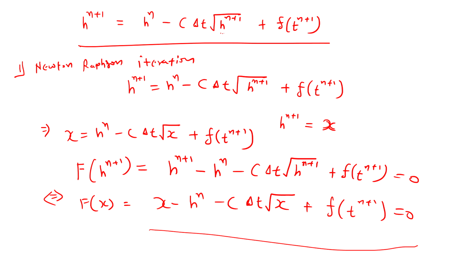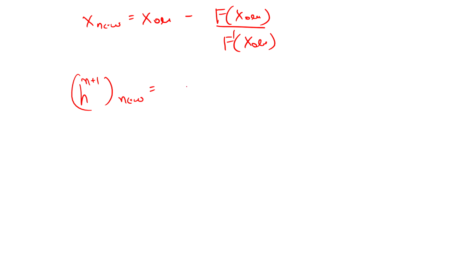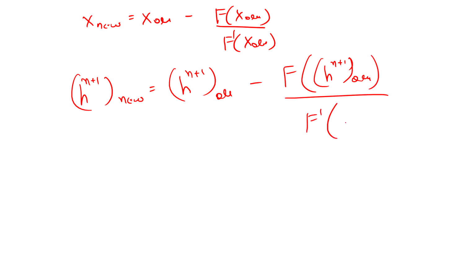So the solution is that x new is equal to x old minus function value at x old divided by f prime at x old, or h^(n+1) new will become h^(n+1) old minus function h^(n+1) old divided by f prime h^(n+1) old. Here first we will assume h^(n+1) is equivalent to h^n.